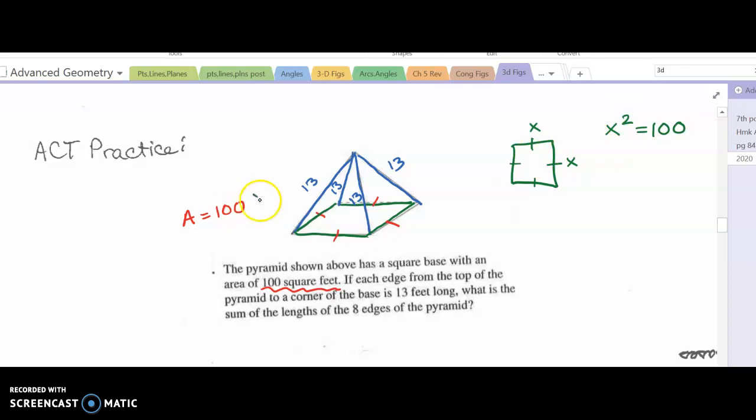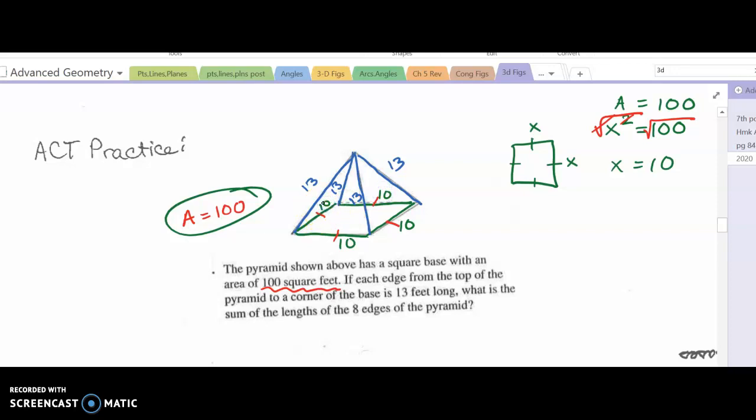How did you know that, Miss Benton? Over here I wrote down that my area, my length times width, my base times height was going to equal 100. So now what is my length and width? If I take the square root of both sides, what number times itself is 100? We get 10. So all these side lengths must be 10.